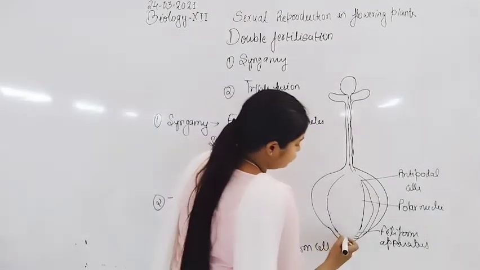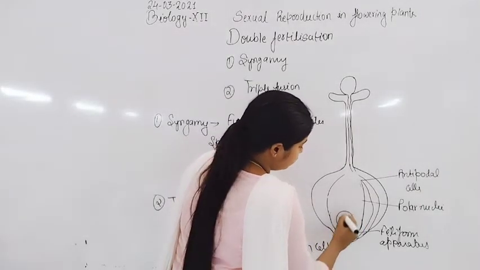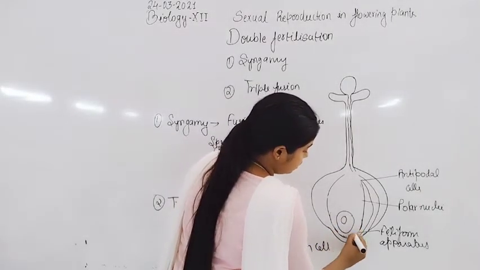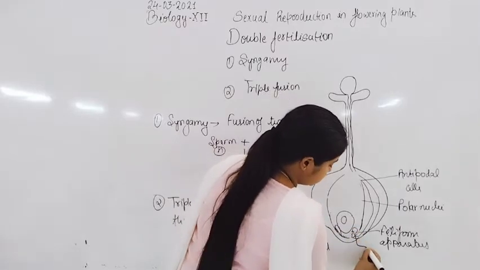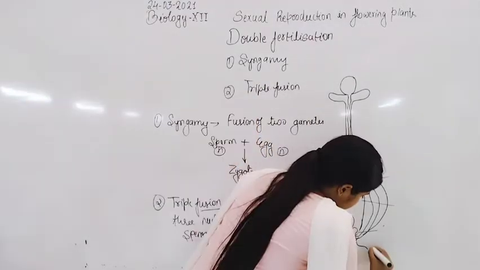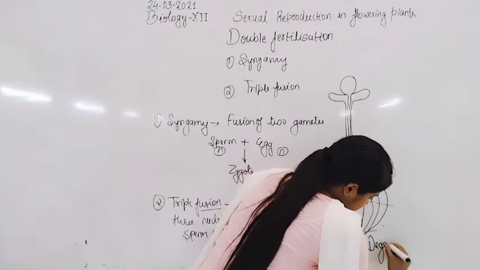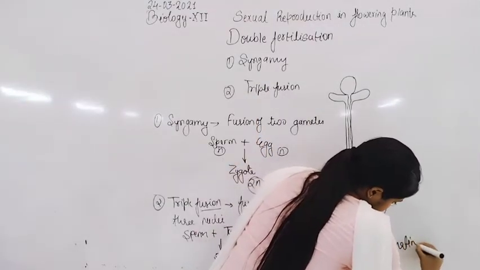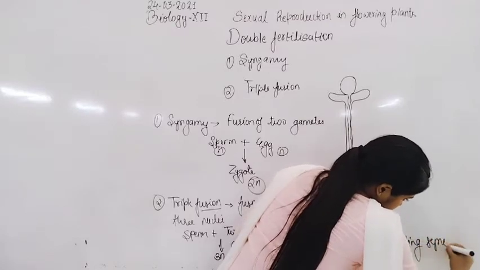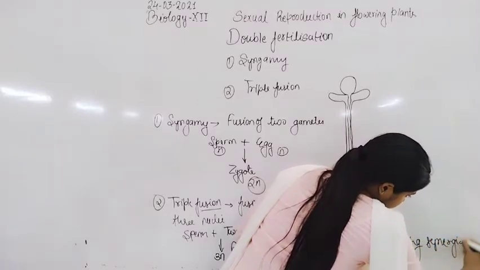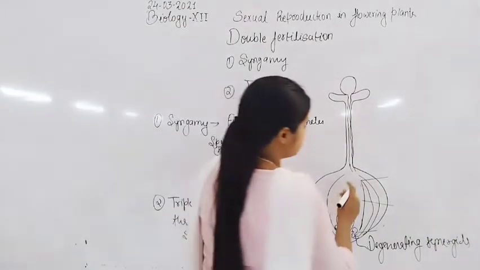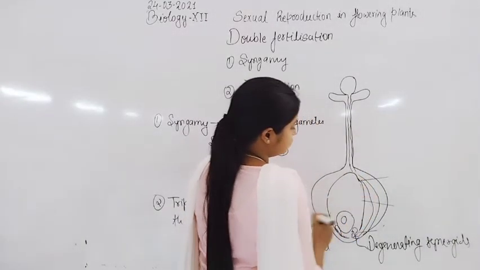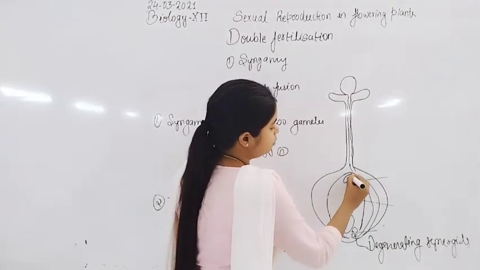After fertilization, there is no function of these synergid cells, so they undergo degeneration. Here are the degenerating synergids, and the second is the antipodal cells.